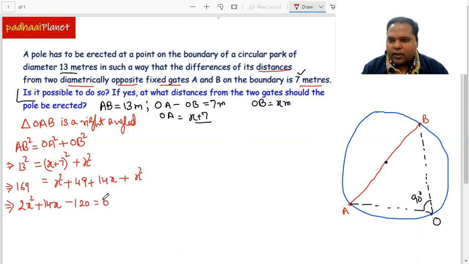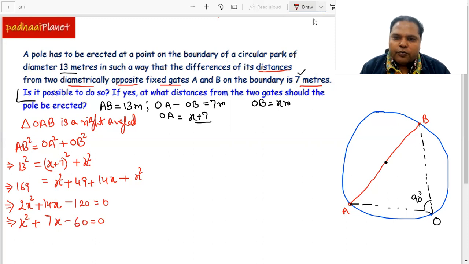Now let's simplify it further, and we see that 2 is common to all these three terms. So let's divide the whole equation by 2, and what we will be left with is x square plus 7x minus 60, that's equal to 0.